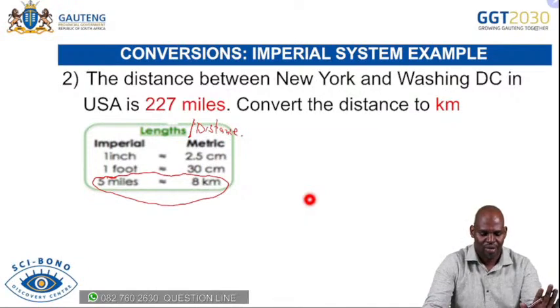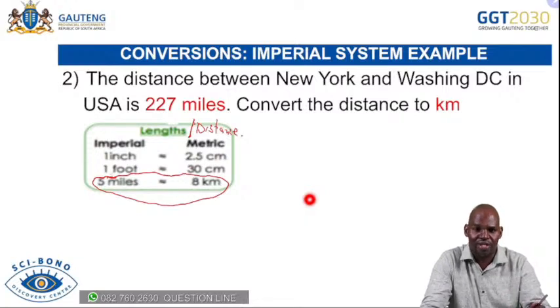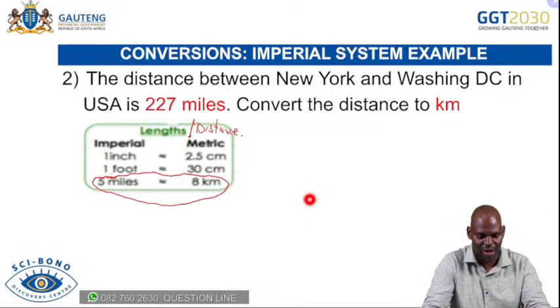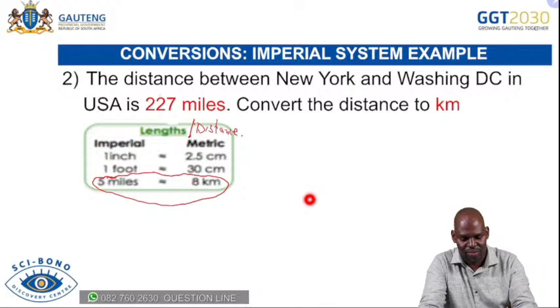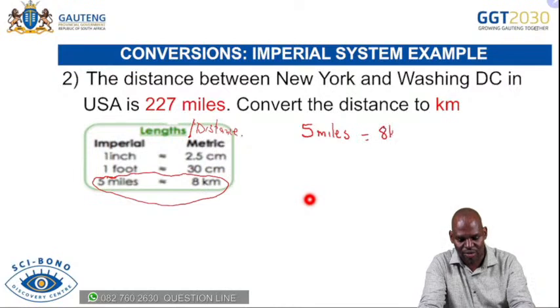So it means you must be able to use any conversion factor that is given there. Right, we've got 227 miles. Let's see. So obviously in this case we have to use 5 miles equals 8 kilometers.